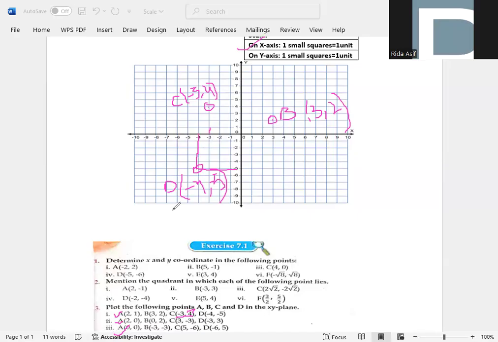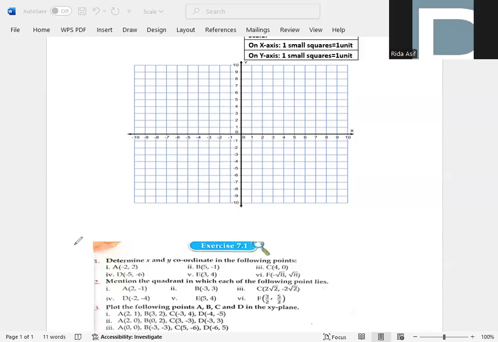Clear, students? I hope question number 1 is clear, and also all these 3 questions are clear to you.